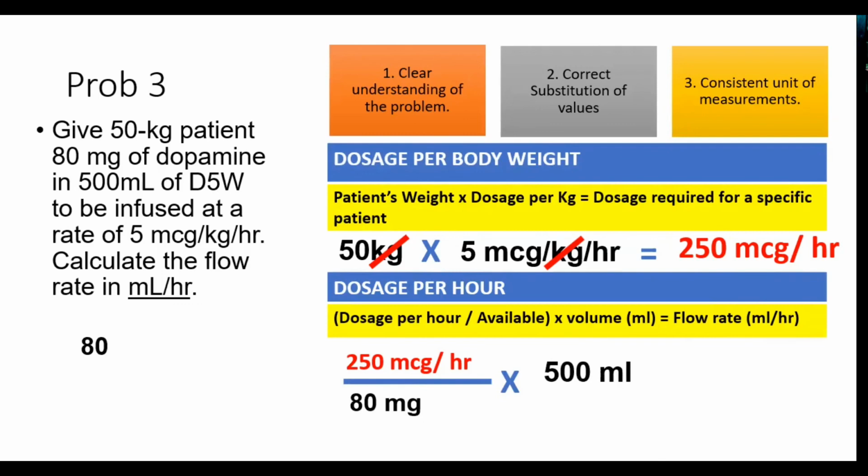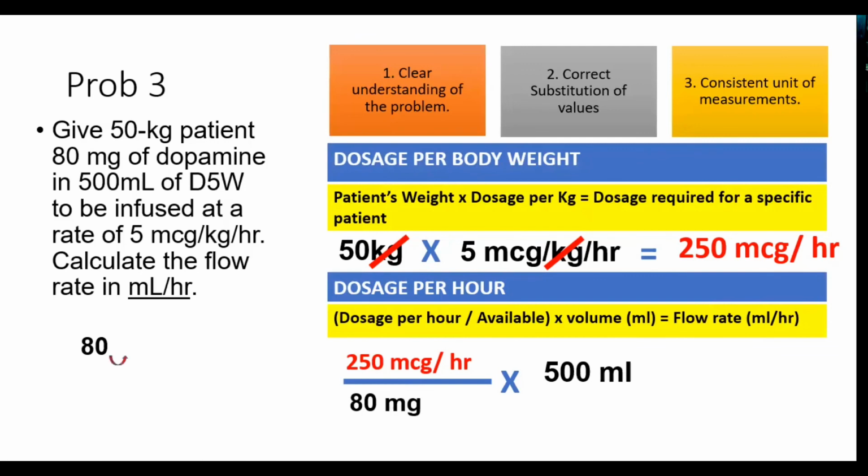Now, we need to go back to our third consideration to make sure that our units of measurement are consistent. Inspecting all the units of measurement, up there we have microgram and down here we have milligram. We need to unify our units of measurement before proceeding with the drug calculation. Otherwise, it may lead to an erroneous answer.